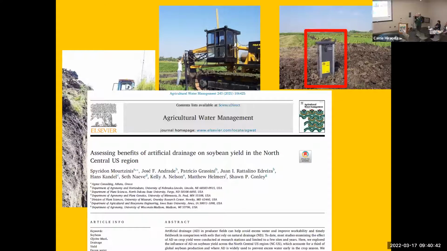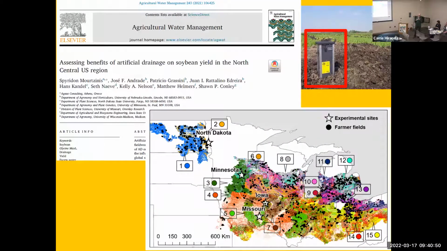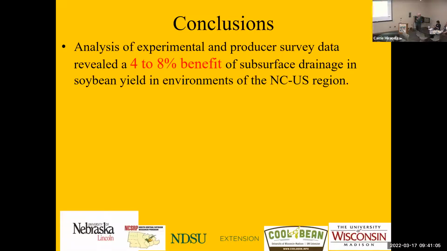So if you look at this particular experiment, I worked together with quite a few of my colleagues throughout the US, and we compiled data from my experiments throughout the whole of the US, where we had both data from farmer fields as well as fields that were tiled and non-tiled. So the basic conclusions were that we see about a 4 to 8% increase based on the farmer and the research data.